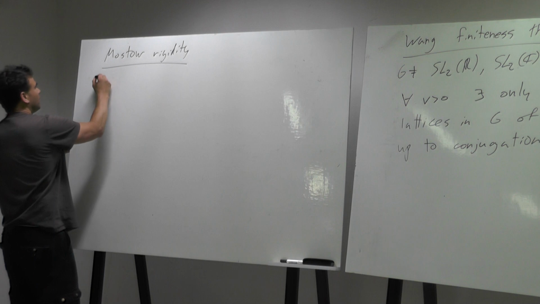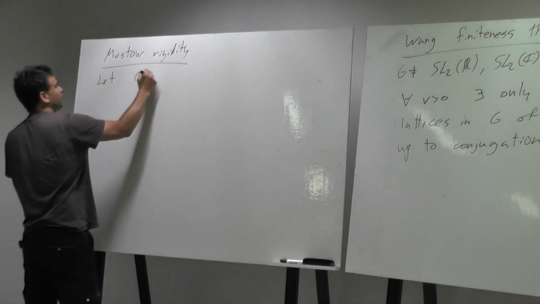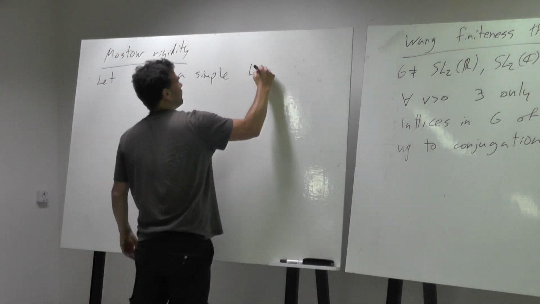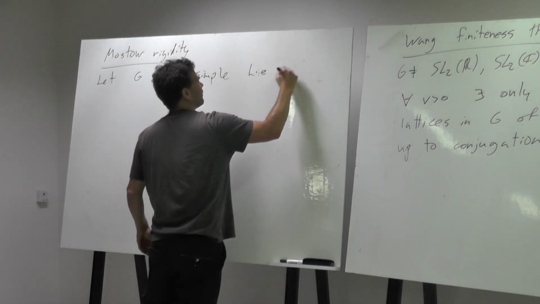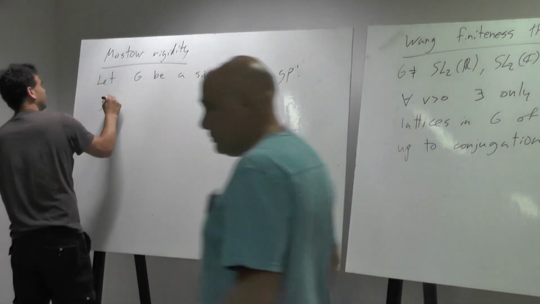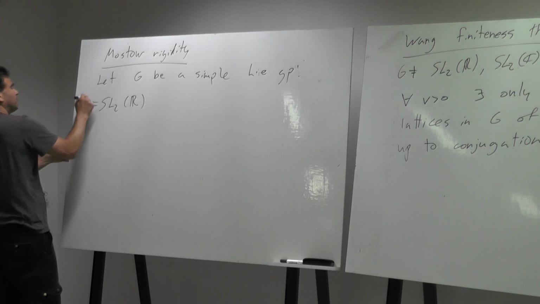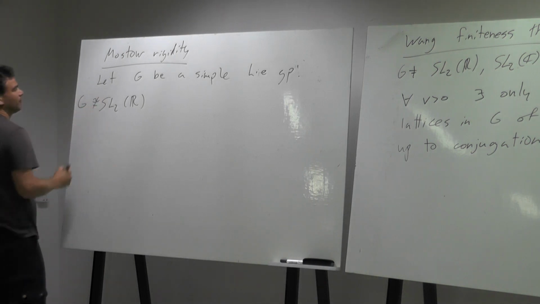So again, let G be a simple Lie group, and we assume again that G is not locally isometric to SL2R.